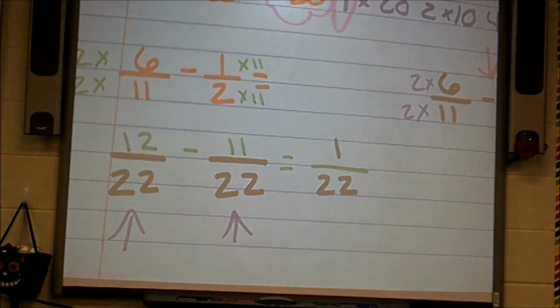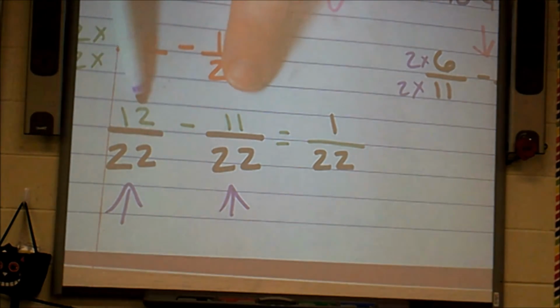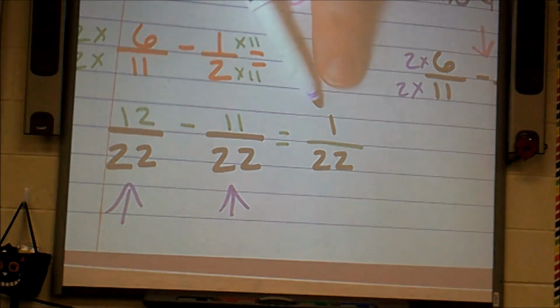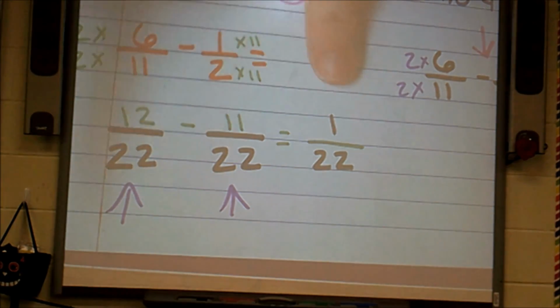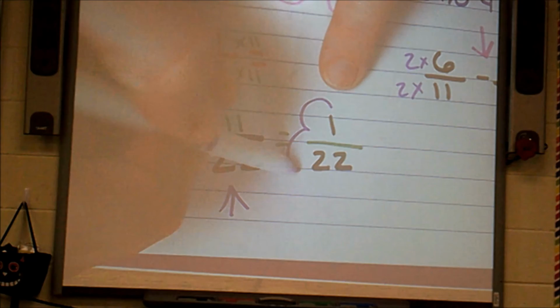These are my two new fractions that are equivalent to my original fractions. I subtract my numerators, giving me a new fraction of 1 over 22. And there is no number that I can divide both 1 and 22 by evenly besides 1, so this answer is in simplest form.